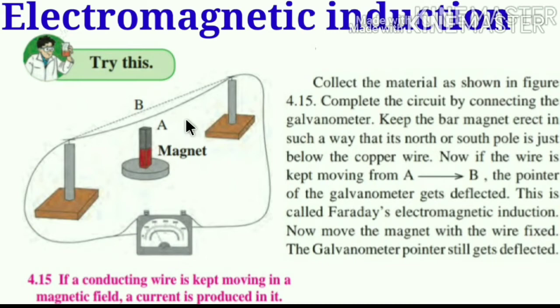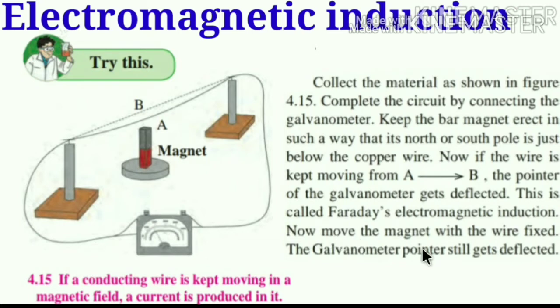The function of the galvanometer is to indicate the current. The pointer of the galvanometer gets deflected. This is called Faraday's electromagnetic induction.